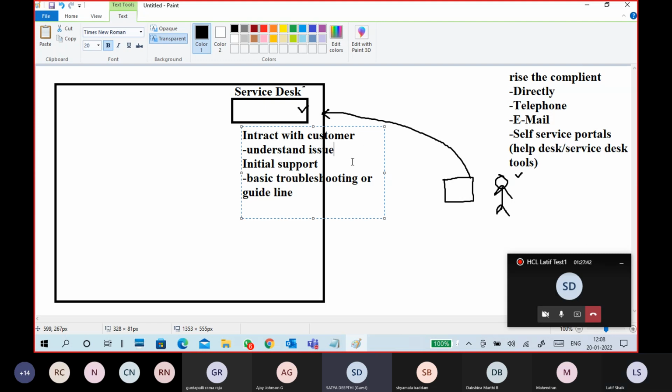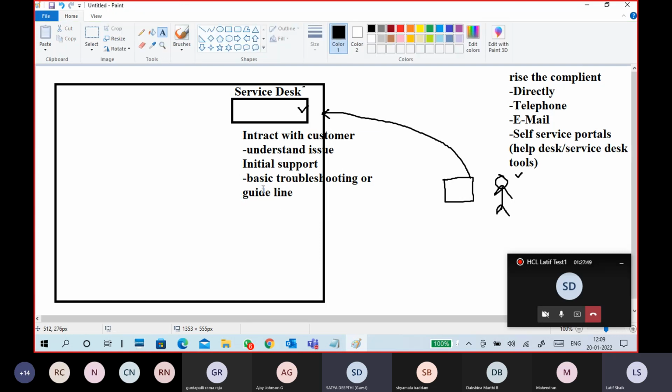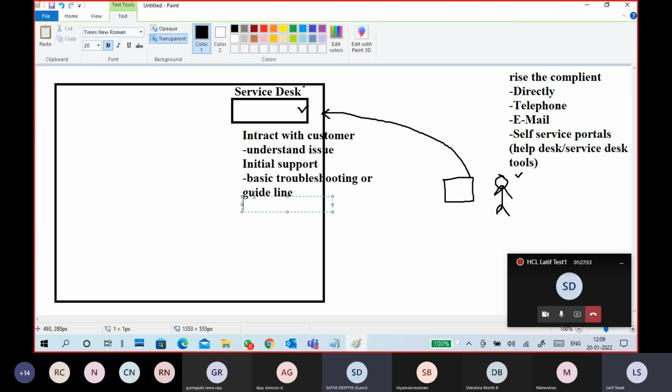Understand the issue, and give initial support: basic troubleshooting tips or a guideline on how to solve the problem. If the problem is not solved, then what to do? We'll forward the issue to the IT support team. Very good. Escalate the issue.